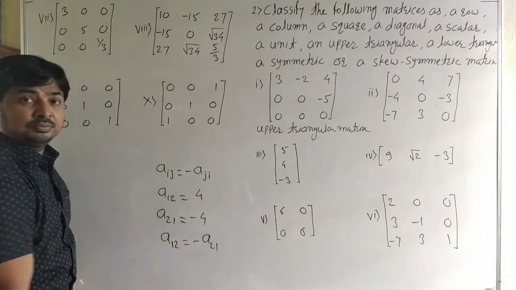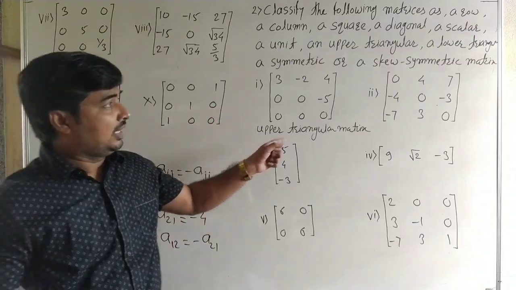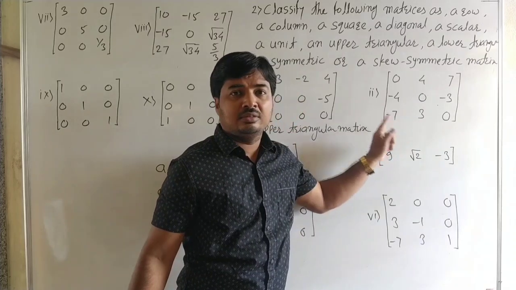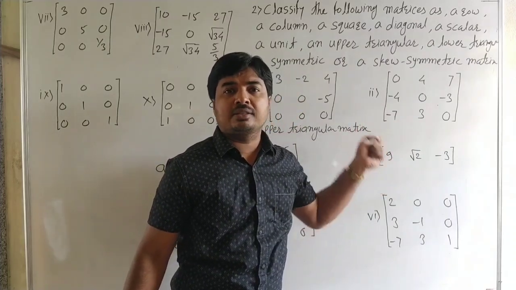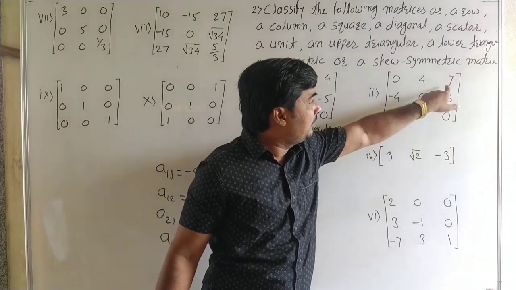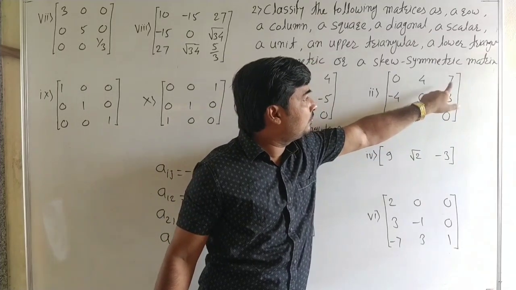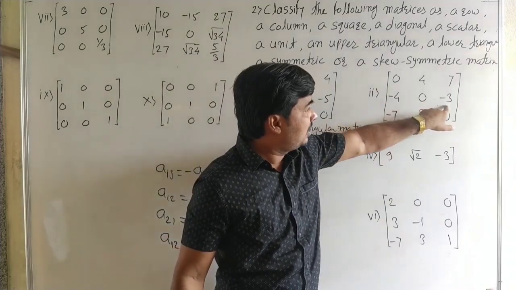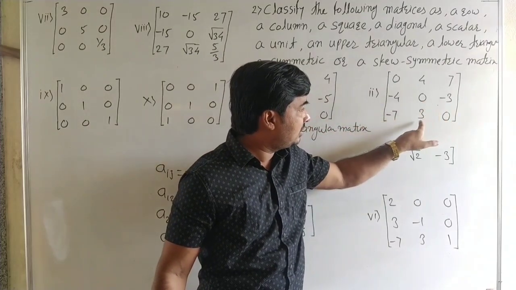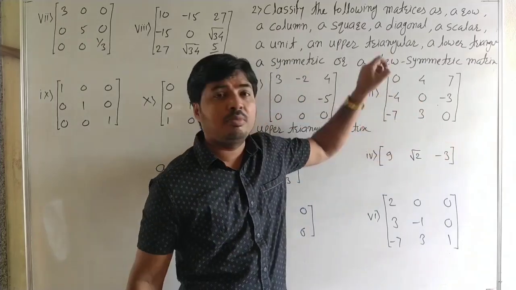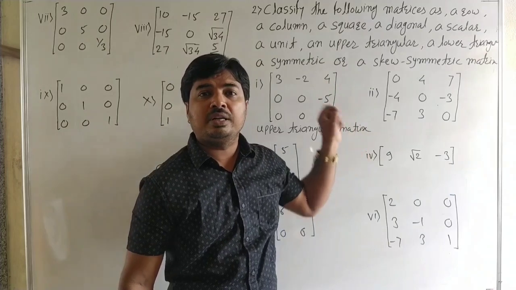Here the same: A13 is equal to minus A31, and the element in the second row third column and the third row second column also satisfy it. That means this matrix is a skew symmetric matrix.